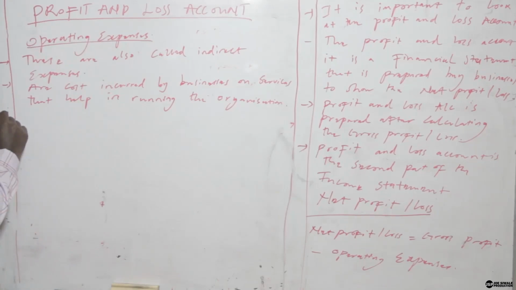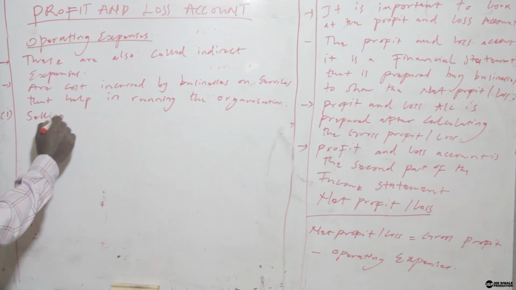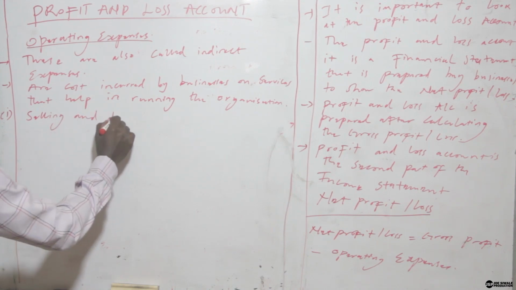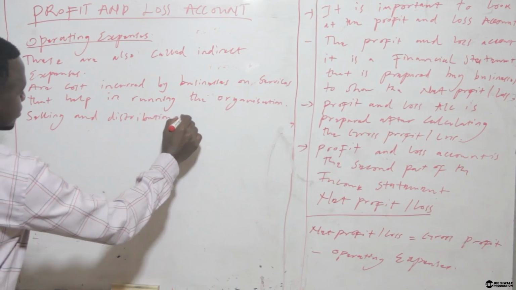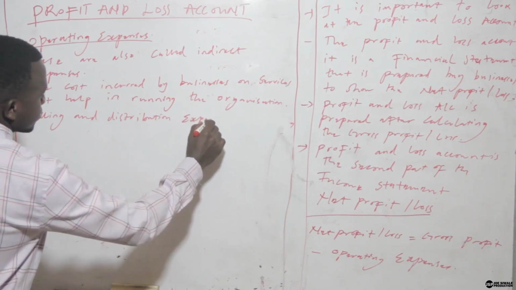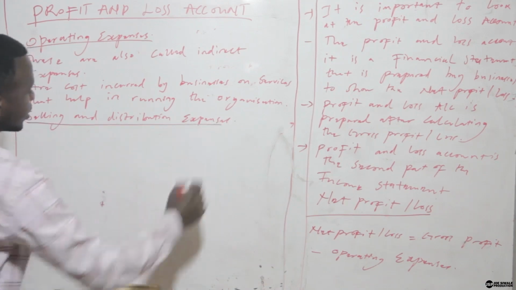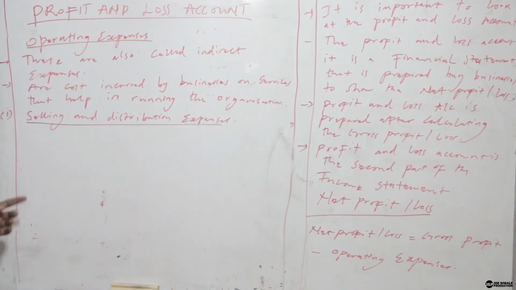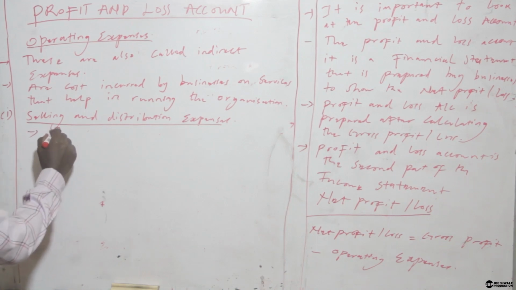So we're going to start with the first one, which is selling and distribution expenses. With this type of expenses, what are we talking about? Here we are talking about bad debts.